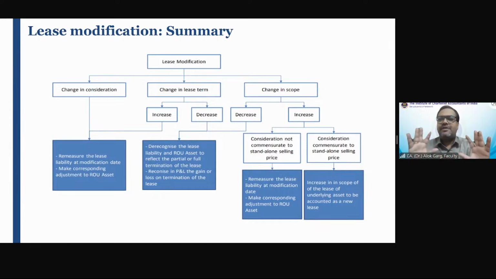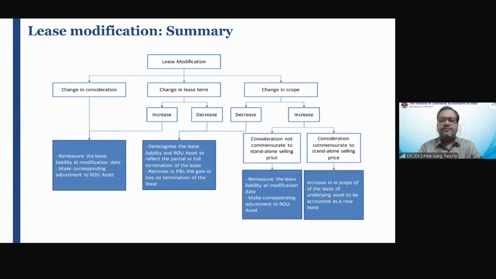You are not required to change your existing ROU and lease liability, correct? But if the increase in the scope of the underlying asset is not commensurate with the increase in market rentals, it will not be classified as a new contract. It will be classified as an amendment in the existing contract, right?